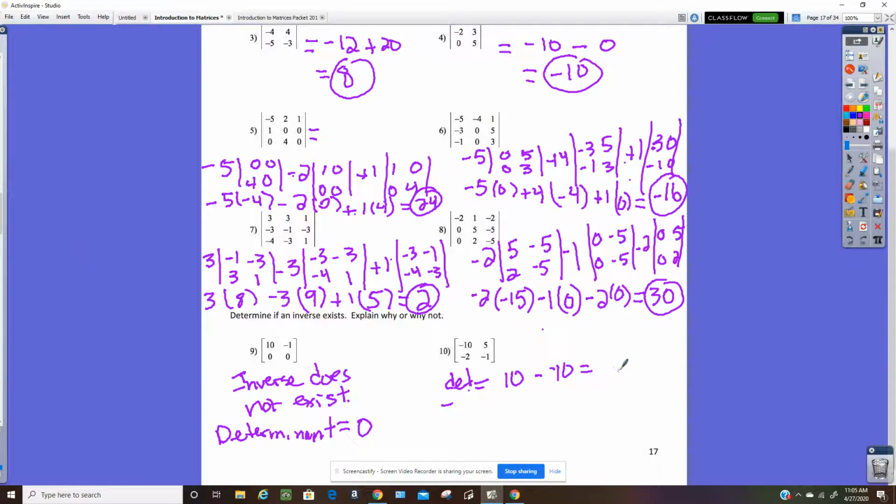So right here, it should be 20. So the inverse exists there, because the determinant does not equal 0.